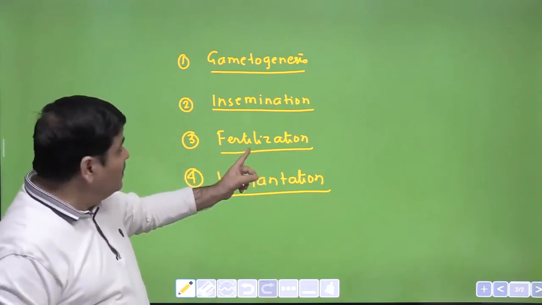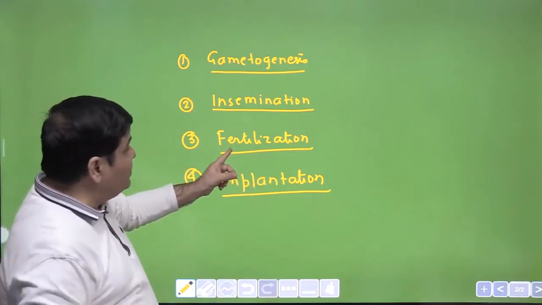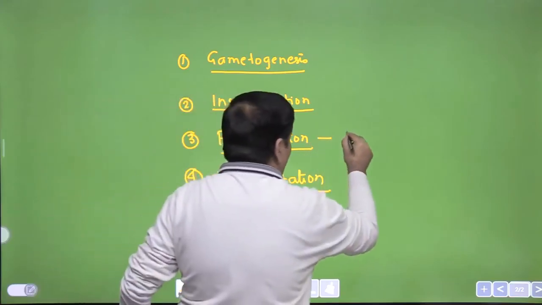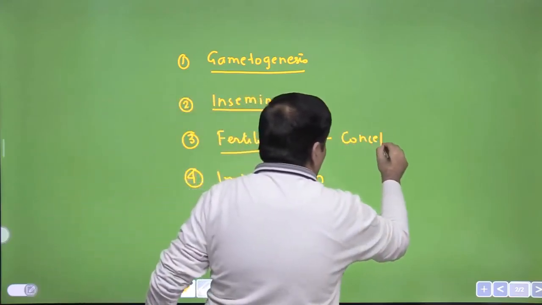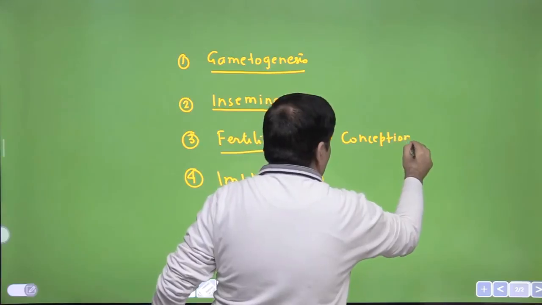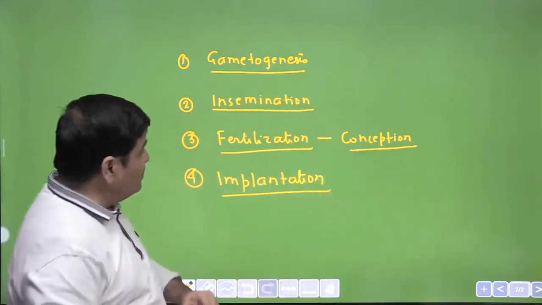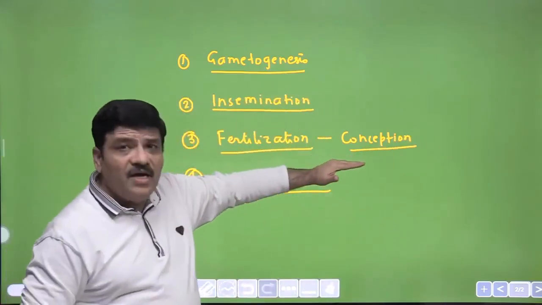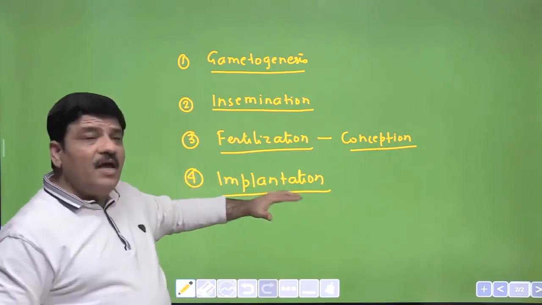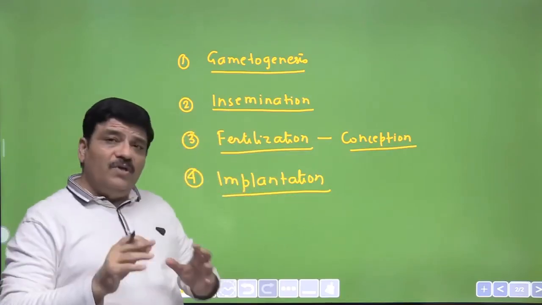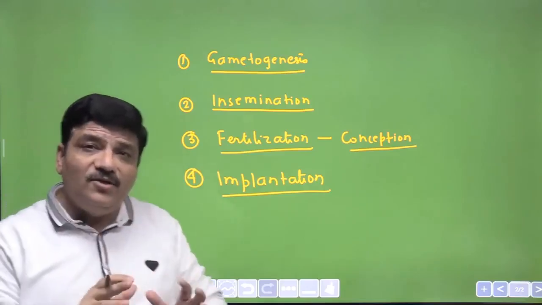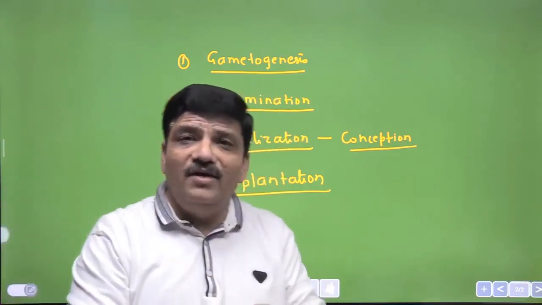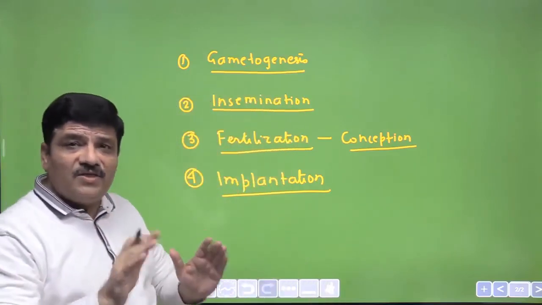Fertilization can also be called conception. It is not necessary that this will get established, and the implantation of the blastocyst on the uterine wall actually establishes pregnancy.